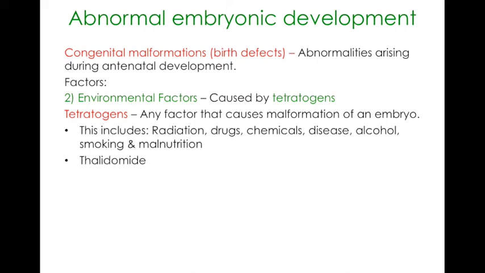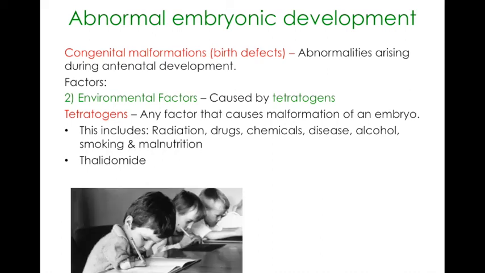Okay, so one particular case is the case of thalidomide. You would have looked at this perhaps in your Year 10 science course, but thalidomide was a drug that was used to cure morning sickness, where the drug itself resulted in shortened or absent limbs in a few individuals.